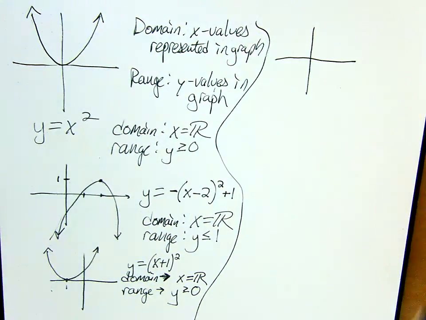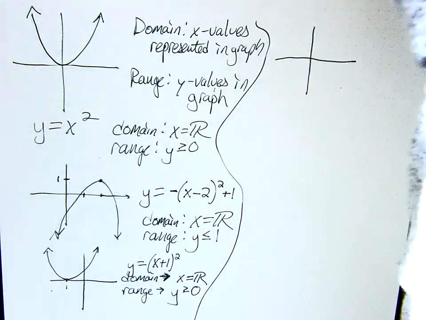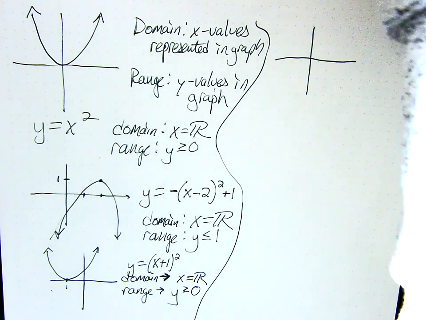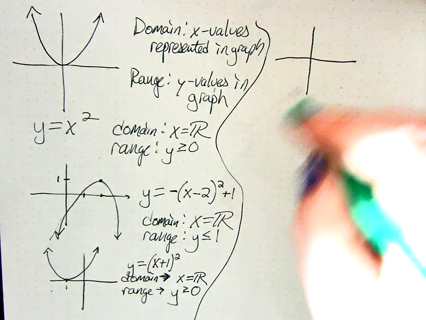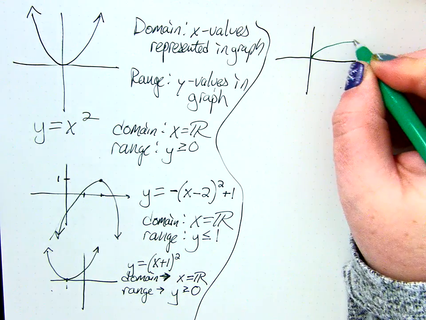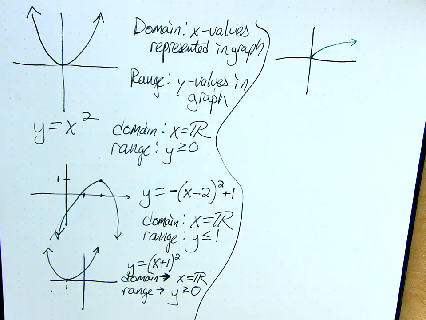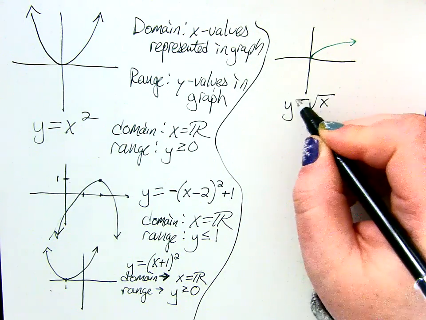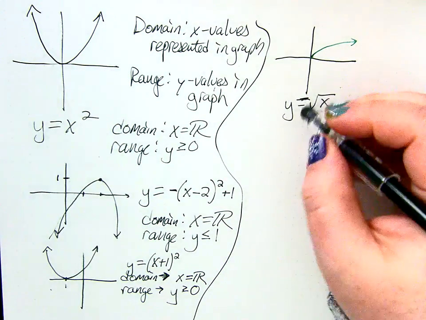I should be using different colors. I have all these beautiful colors. Why not use them? Okay, so there's basically my square root parent function. So let's just write that, square root of x.